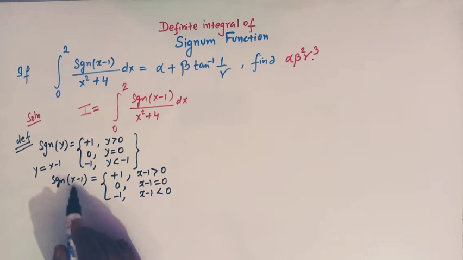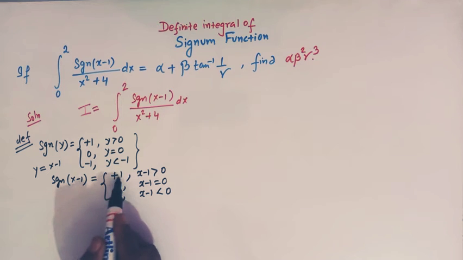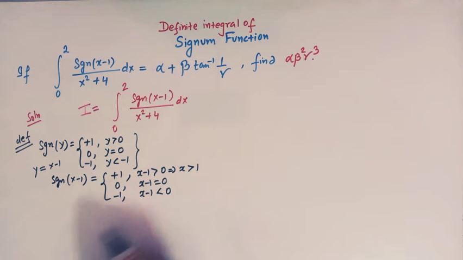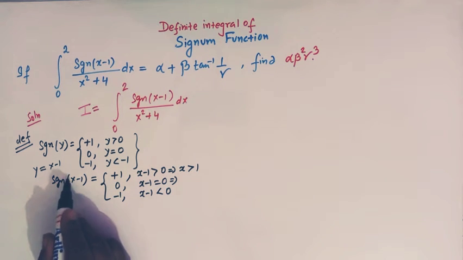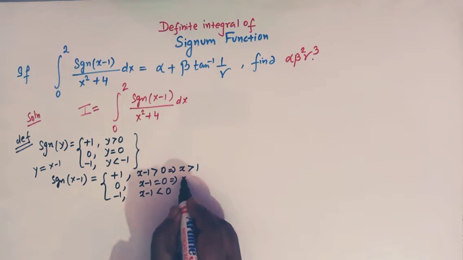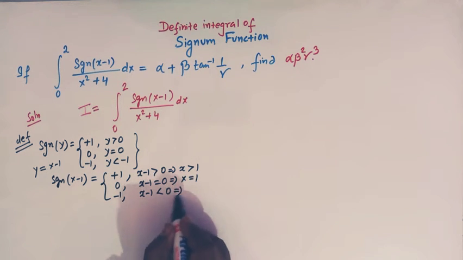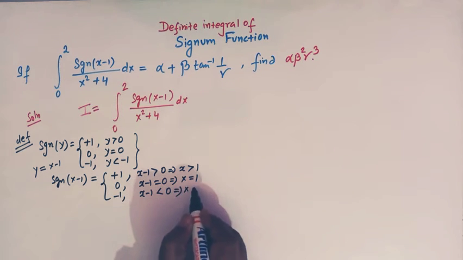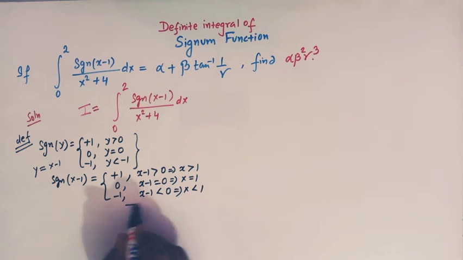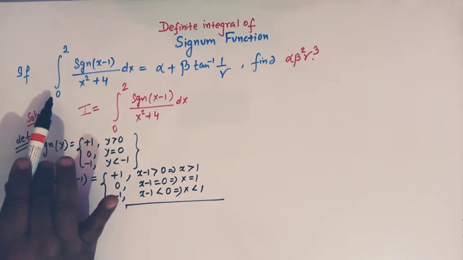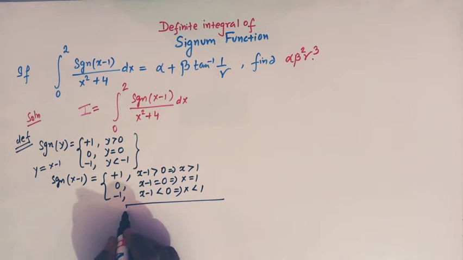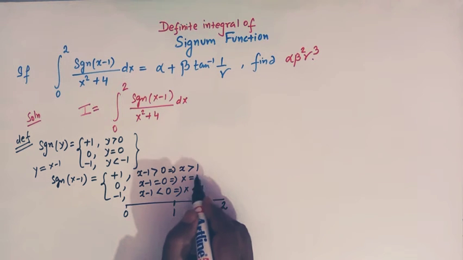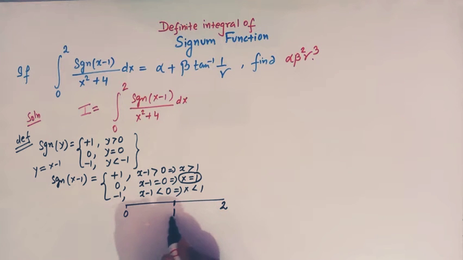So signum of x minus 1 will take the value plus 1 whenever x minus 1 is greater than 0, that is, whenever x is greater than 1. It is equal to 0 whenever x is equal to 1, and it is equal to minus 1 whenever x is less than 1. Now we have the limits 0 to 2, and in between we have the point x equal to 1.